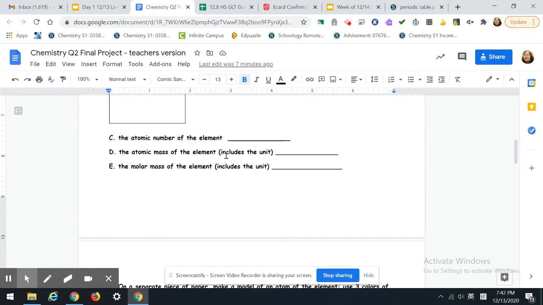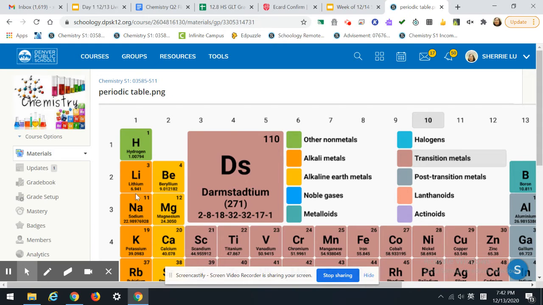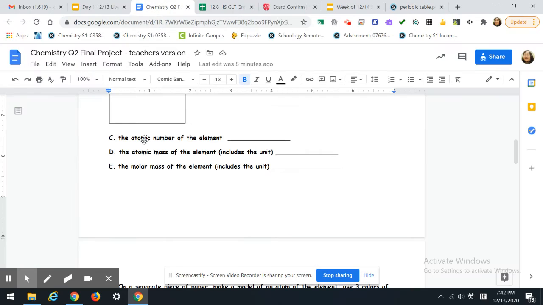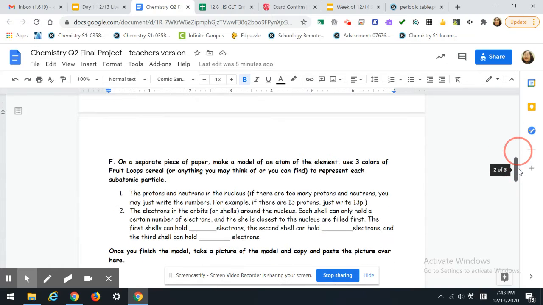The atomic mass is the one with decimal points. And then the molar mass is the same number as the atomic mass, but the unit is grams per mole. Okay, so these 3 things you can find in the square. The unit for atomic mass is AMU. The unit for molar mass is grams per mole, or you can just write grams, that is fine.